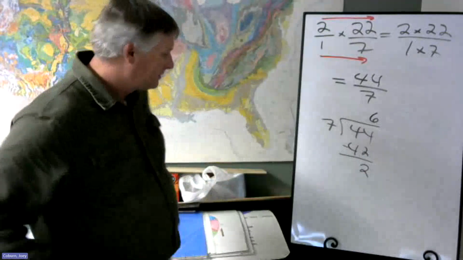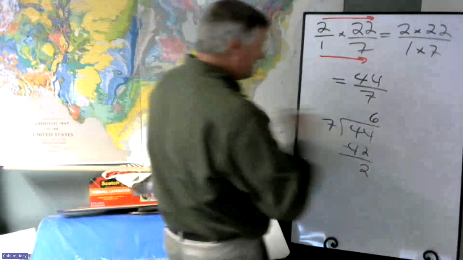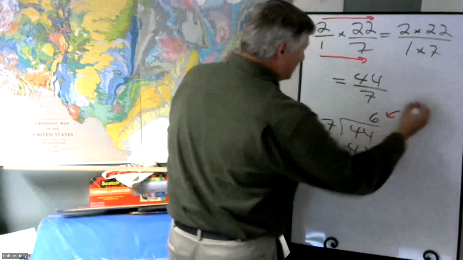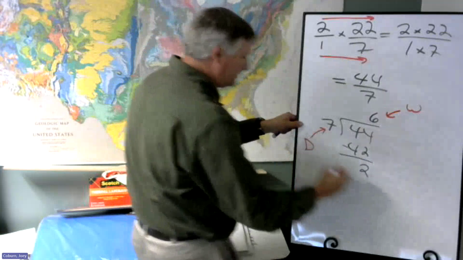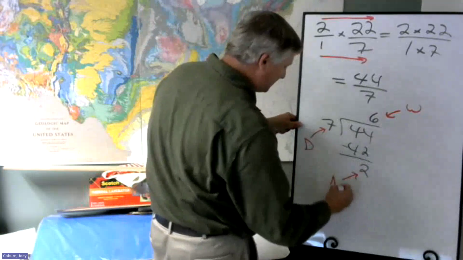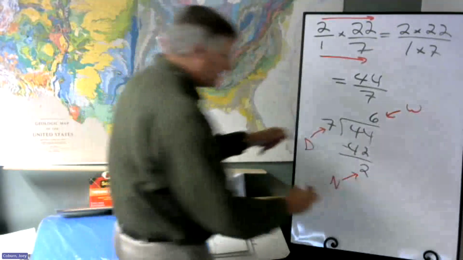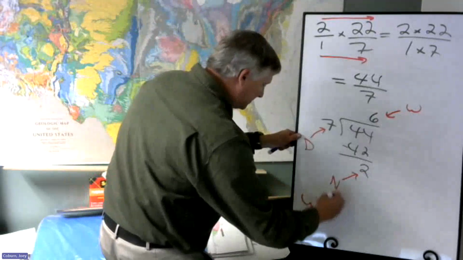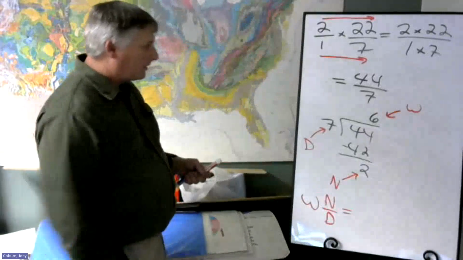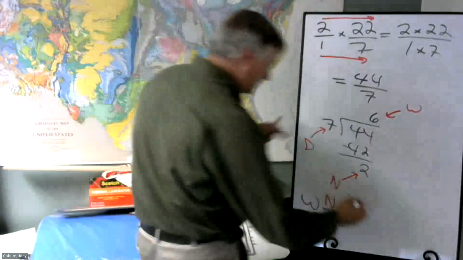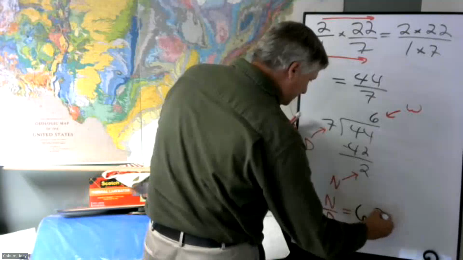We're done. So what do we have? Well, again, the top number is always W. What you're dividing by is always D, and what's left over is always n. And we put them together as whole number, numerator over denominator. Or 6 and 2/7.